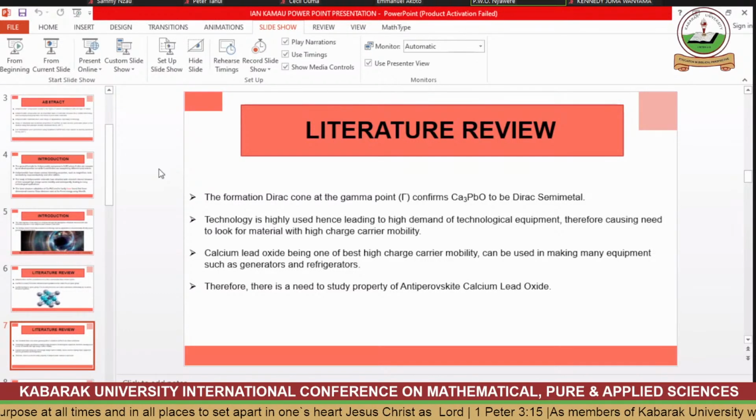Calcium lead oxide is one of the best in high charge carrier mobility, and can be used in making many equipment such as generators and refrigerators and many more not included here, which require high charge carrier mobility. Therefore, there is a need to study the properties of antiperovskite calcium lead oxide.